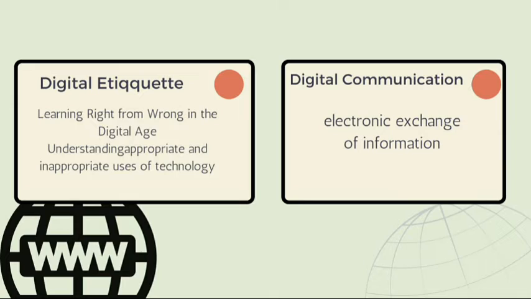Next element would be the digital communication and collaboration. So, digital communication and collaboration is an electronic exchange of information. That means that it is the electronic exchange of information. All users need to define how they will share their thoughts so that others understand the message.